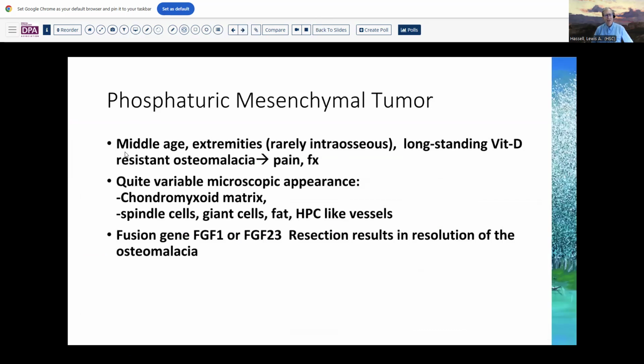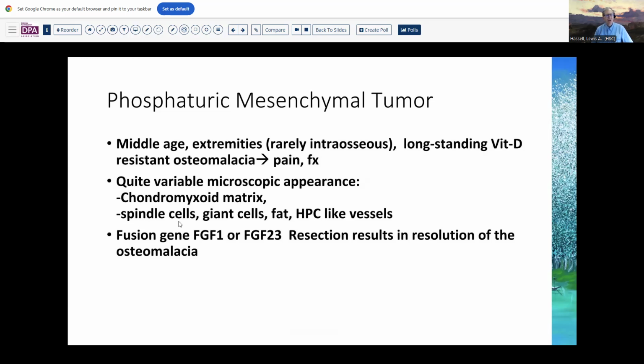Well, this classically is a tumor of middle age and the extremities. Occasionally intraosseous, but rarely, and is associated with long-standing vitamin D resistant osteomalacia, osteogenic wasting, such as this patient has, and some degree of pain. The microscopic appearance can be quite variable, and although typically described as having some elements of chondromyxoid matrix, these can be quite spotty.